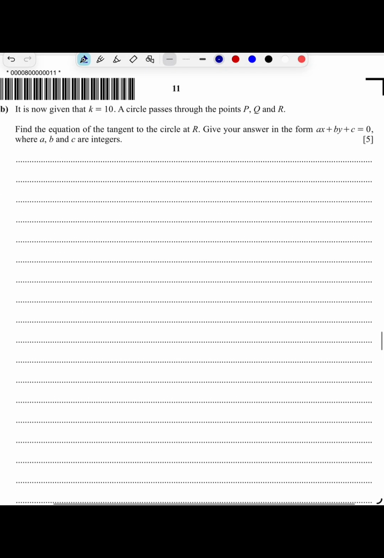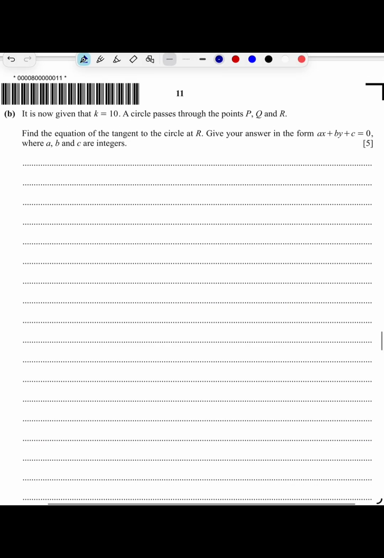Acha, it is now given that k is equal to 10 and a circle passes through the points P, Q, R. Okay, I just want a visualization for myself. यहाँ एक, इनके बीच में तो एक 90 degree angle था. Okay, so this is the 90 degree.